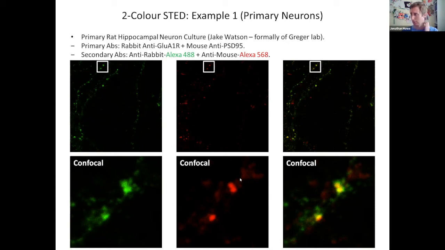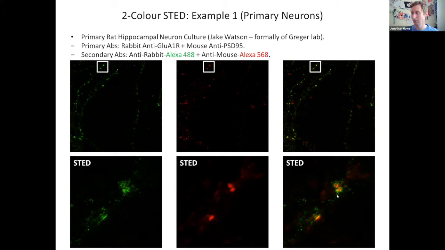These two components are both in the post-synapse, and you can see in the confocal image that they appear to overlap quite heavily, which would make sense because they're located to the same side of the synapse. However, when you do STED, you suddenly find that a lot of that co-localization falls away when our resolution improves. What you can see is actually the GLU-A1 receptor is decorating around the PSD95.